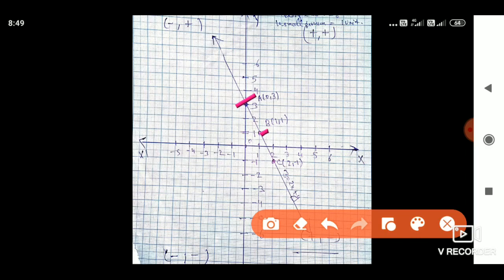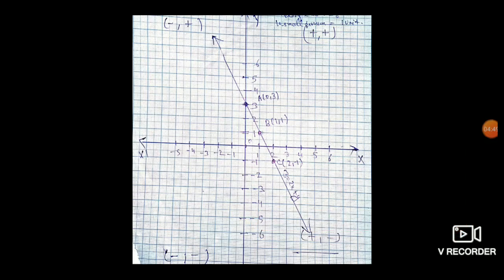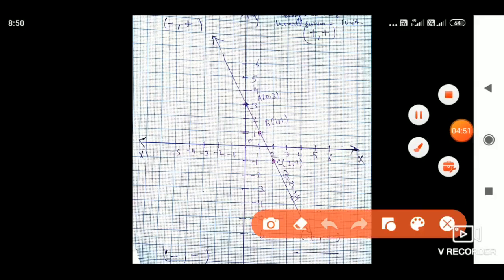So draw perpendicular from the point x is equal to 2 and y is equal to minus 1. Draw a perpendicular line from minus 1 in your fourth quadrant, where these two lines intersect, that point is called point C. So we locate the points A, B, and C. Now join these 3 points, we get a straight line.